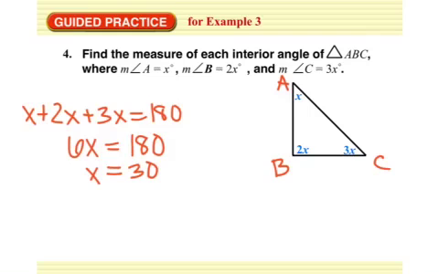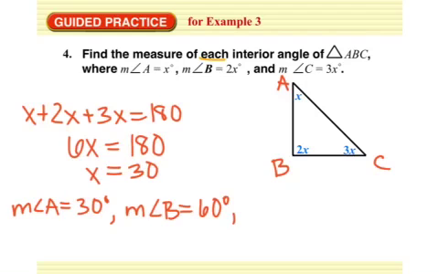So now to write down the answers to their questions, we want to find the measure of each angle. So the measure of angle A, which is just x, is 30 degrees. The measure of angle B is 2 times that, so 60 degrees. And finally, the measure of angle C is 3 times that.